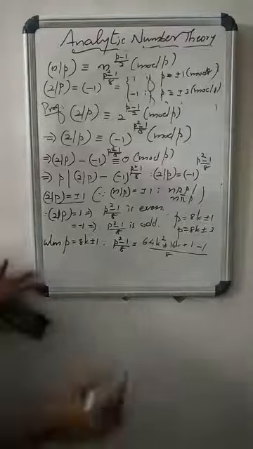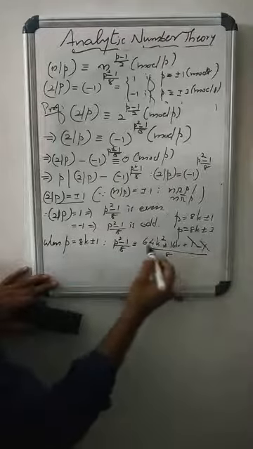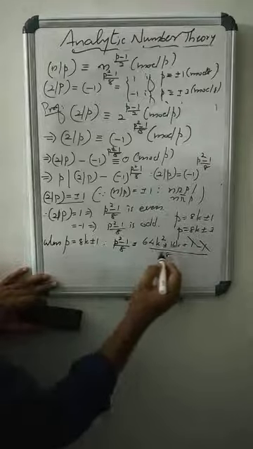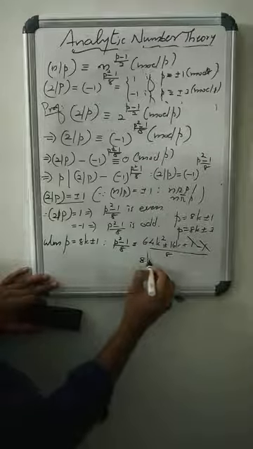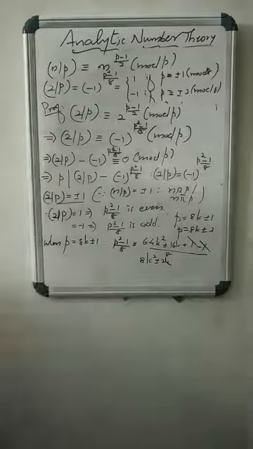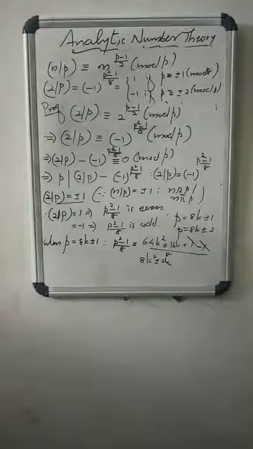Plus 1 and minus 1 cancel each other. 8 is common, so it is 8k² plus or minus 2k.